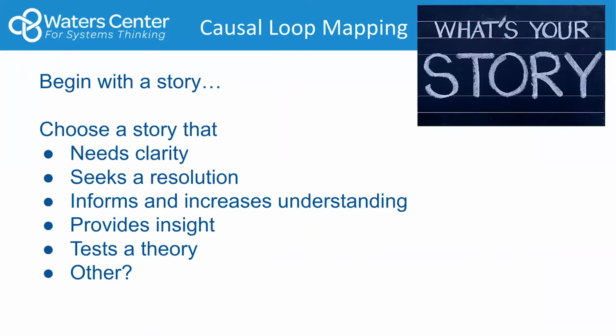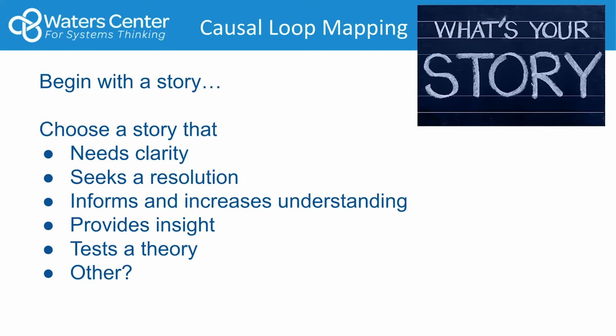And with causal loop mapping, it's really helpful to begin with a story that might need some clarification, or an issue that you're looking to seek some resolution. It could be a problem or a challenge.